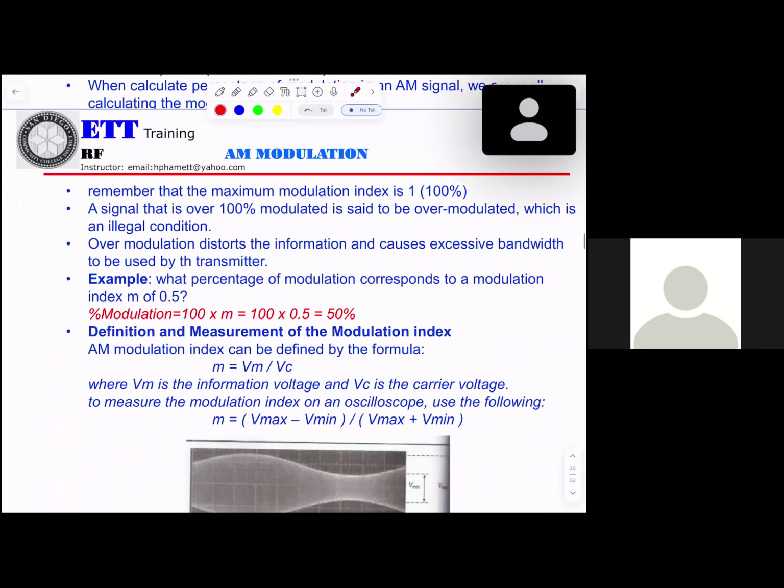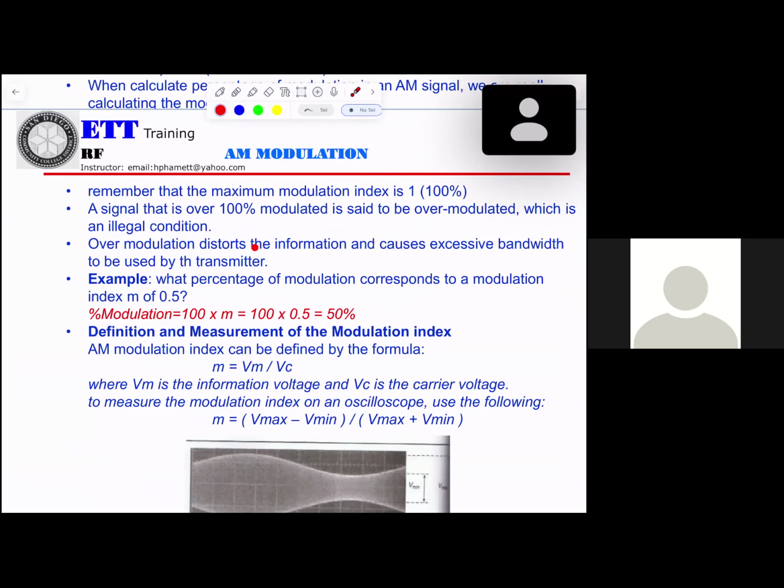Remember, the maximum modulation index is 1. That's 100%. A signal that is over 100% modulated is said to be over-modulated, which is an illegal condition.